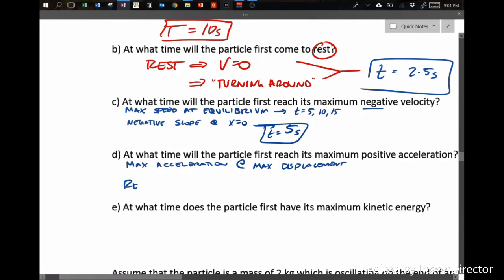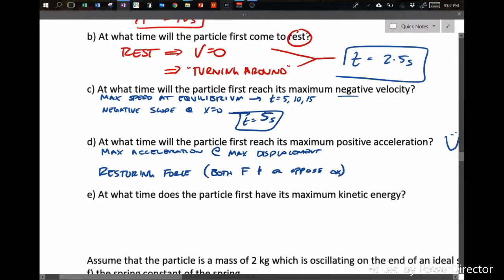But because of this whole restoring force idea, both the force and the acceleration oppose the displacement, right?